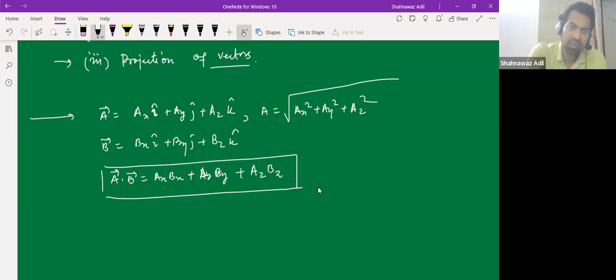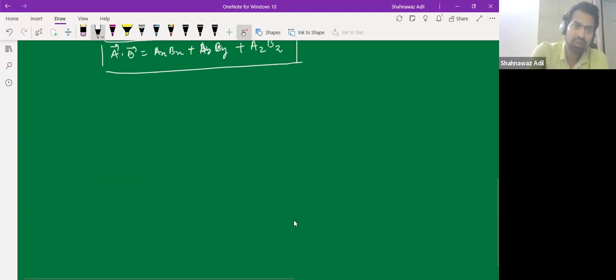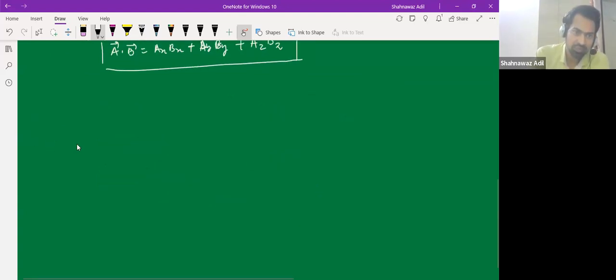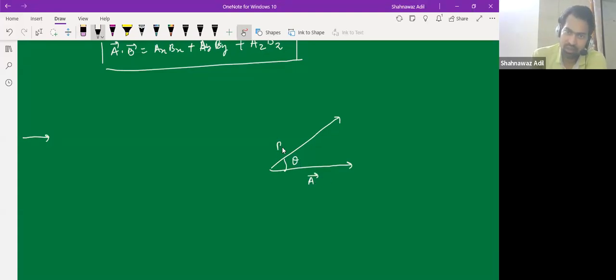After that, we learned about the projection. Let's say we have a vector, and this is the angle theta between the vectors. This is the A vector and this is the B vector. When I drop the B vector along A, we know that the A vector has two parts, magnitude and direction.